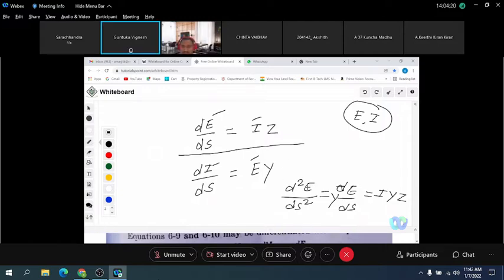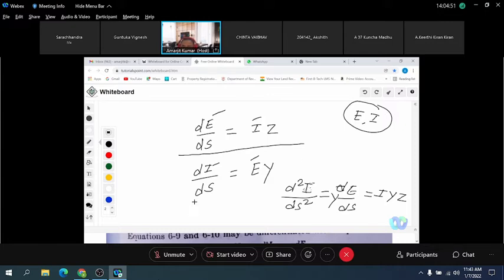Yes, exactly. So it will be d square I by ds square is equal to I into YZ.